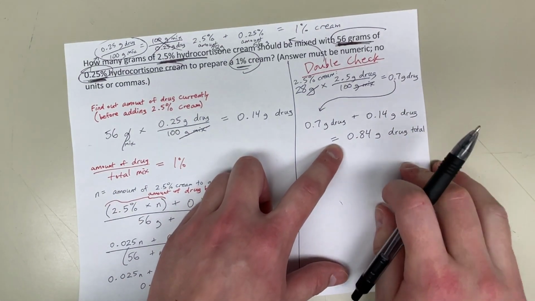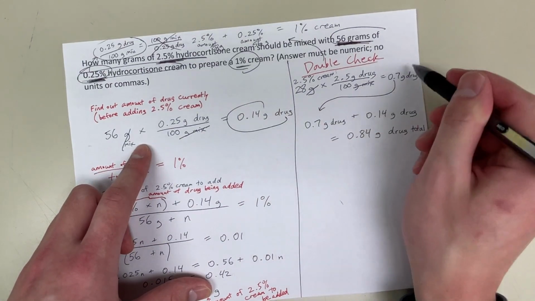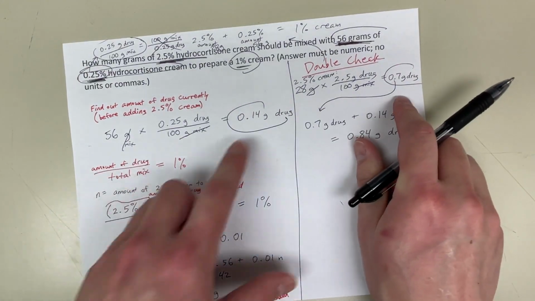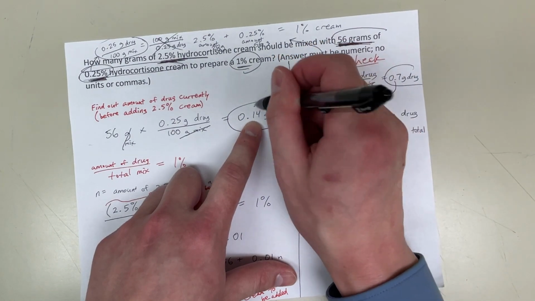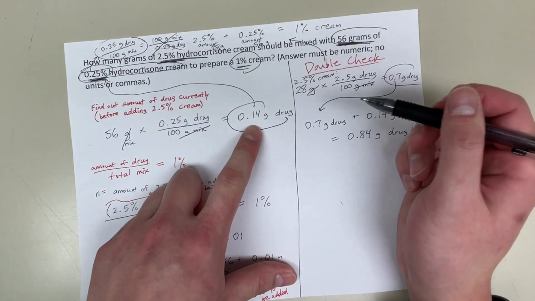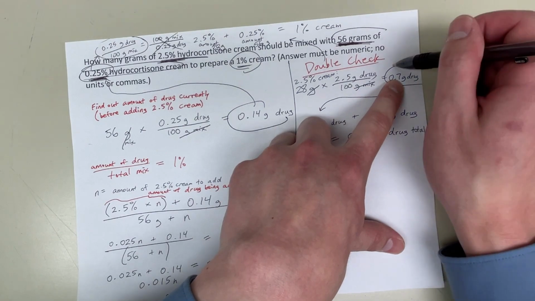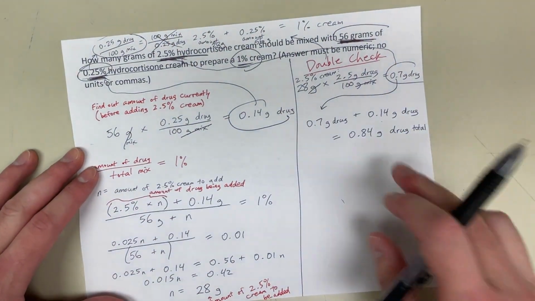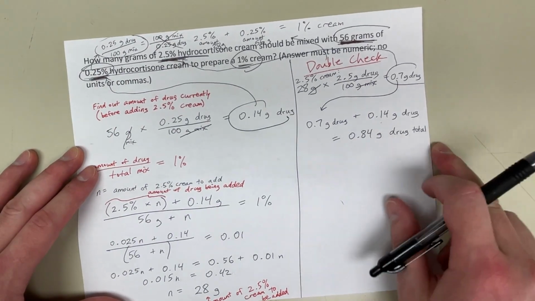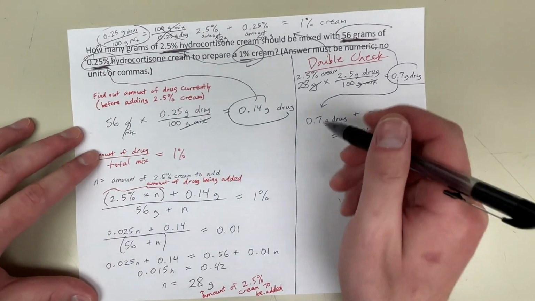The total is the combination of this plus this, because the 0.14 grams is from the 0.25% and the 0.7 grams of drug is from the 2.5% hydrocortisone cream. So now I have the total amount of drug in the whole mixture.